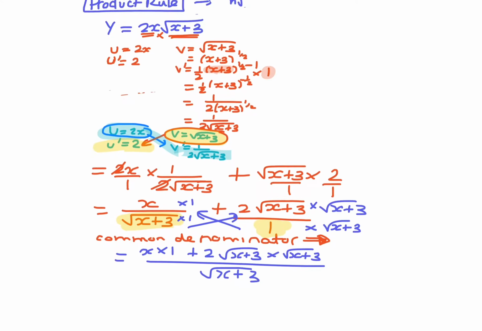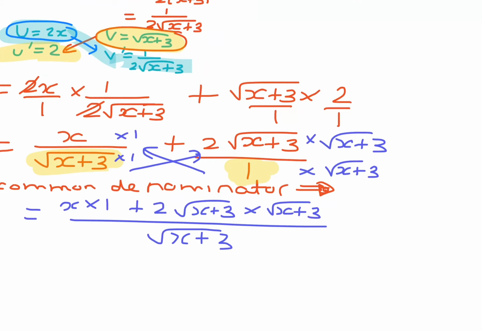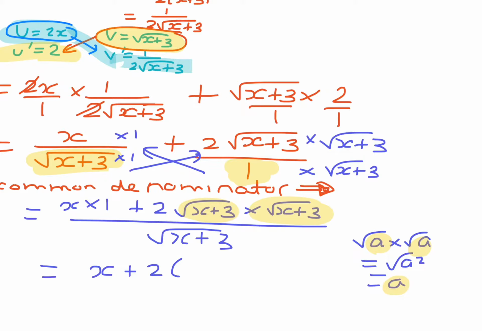Now just simplifying the top, what you might notice here is that when you multiply root x plus 3 by root x plus 3, like root a times root a, you get root a squared, which is a. So you just get what's underneath the square root. So that means that you'll get x plus 2 times what's underneath the square root here, which would be x plus 3.